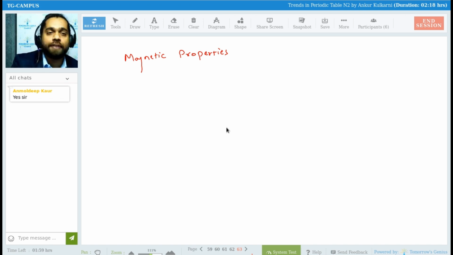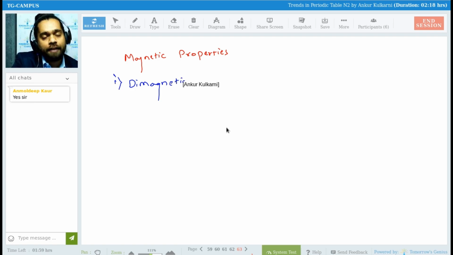No unpaired electron. Perfect. So in magnetic properties, we have something called diamagnetic, paramagnetic, and also ferromagnetic. What is ferromagnetic? You must have heard about dia and para.